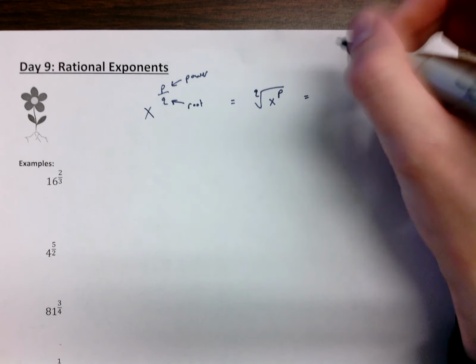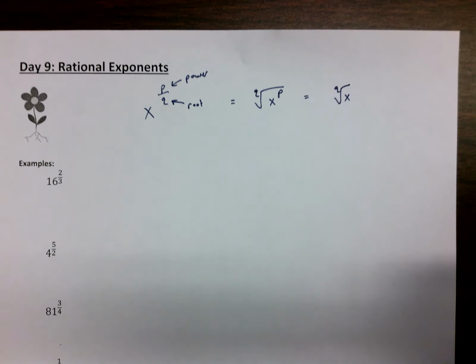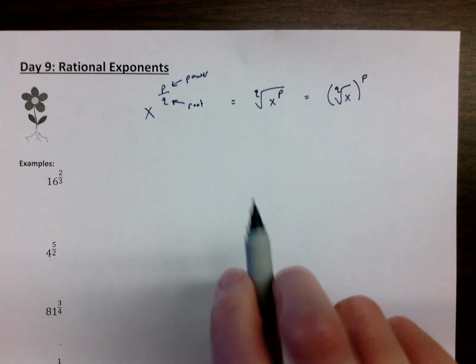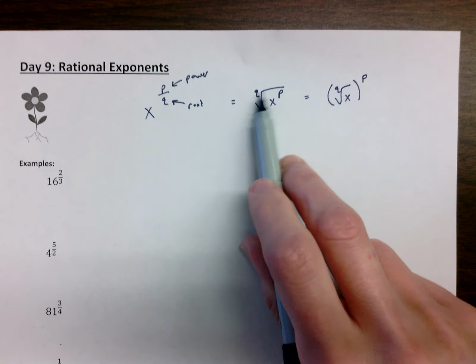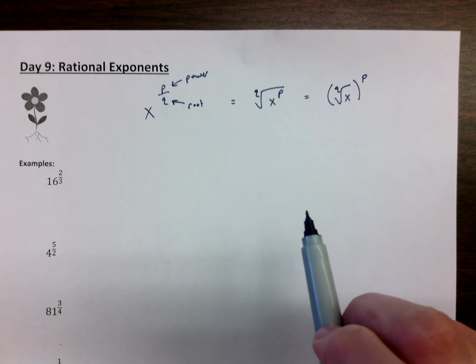Or alternatively, you could also take the root of x and then raise that to the power. So it doesn't matter if you apply the exponent first and then take the root, or if you take the root and then apply the exponent. It works out the same way no matter what.